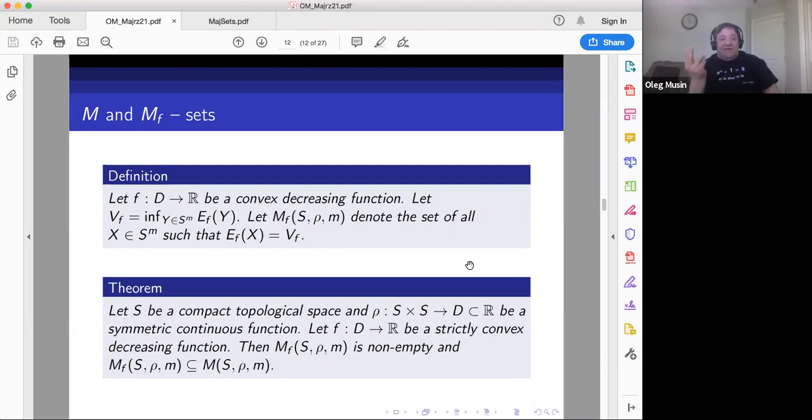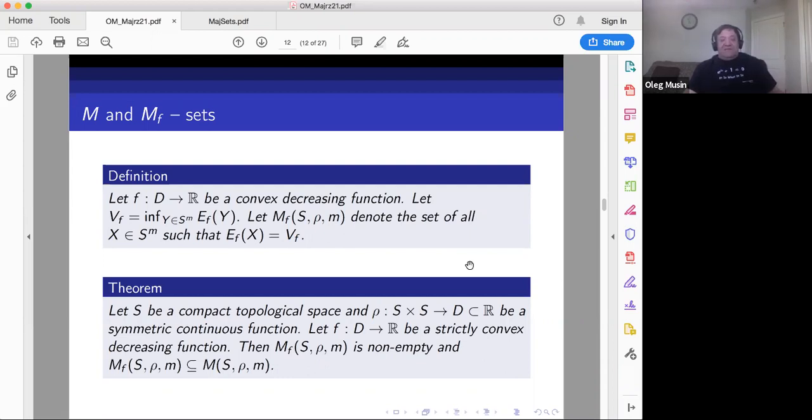In this case, it actually doesn't matter what rho is. All we need from rho is just to be a continuous function. That's it, right? It's not necessarily a distance. In this case, the minimum of the potential energy is the M set.